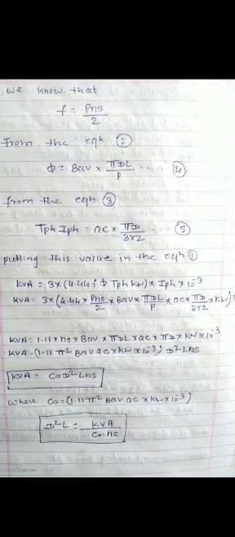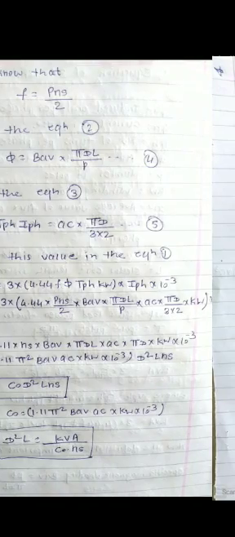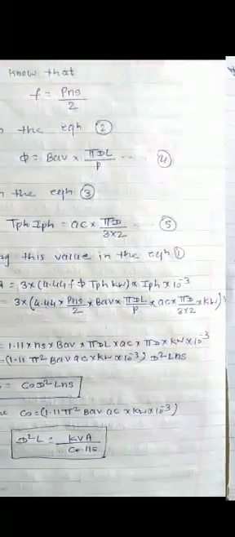We get kVA is equal to 1.11 into NS into B average pi D L into AC into pi D into kW into 10 raised to minus 3.